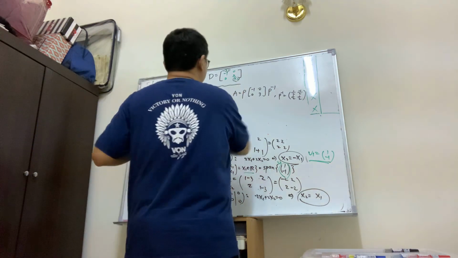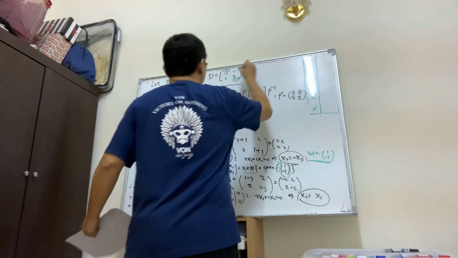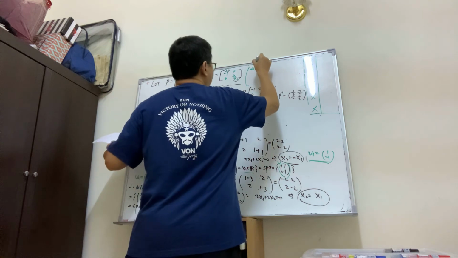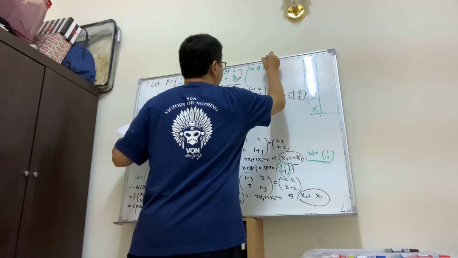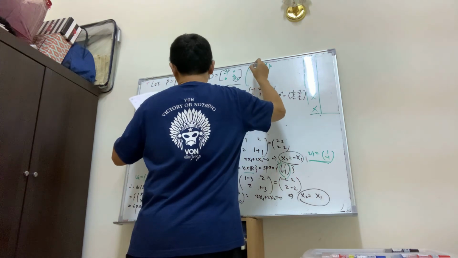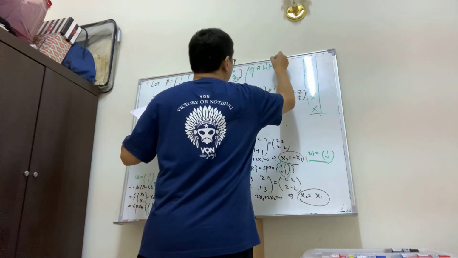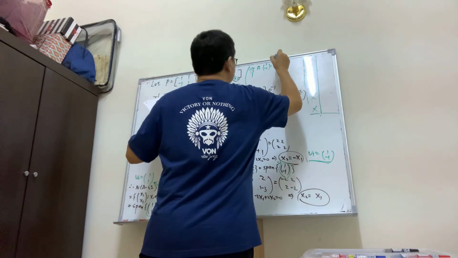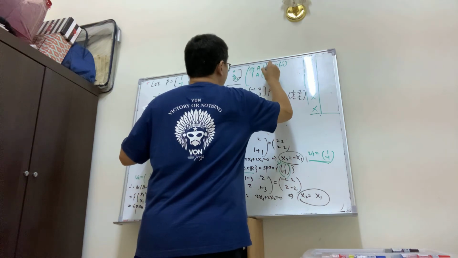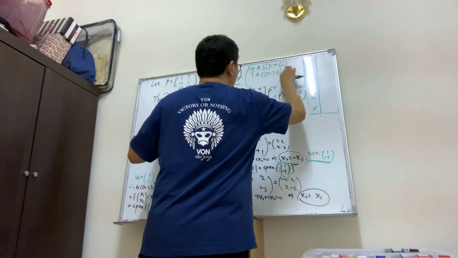And here I could explain again why we have this equation. We know that AV1 equals -1 times (1, -1), and AV2 equals 3 times (1, 1).